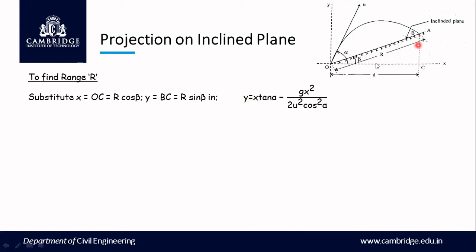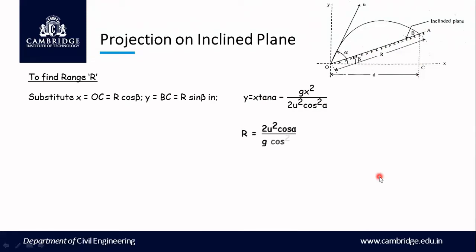The x value, the horizontal distance for this range, will be this d. We know this range and this angle, so R cos beta will be the horizontal component and R sin beta will be the vertical component. We substitute the horizontal and vertical components here, and then simplify further to find R. So we have directly written it.